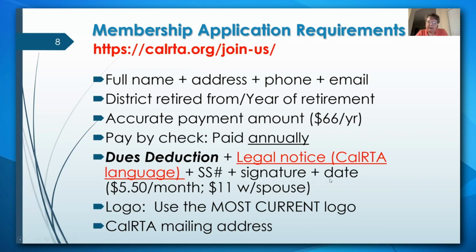Those need to be there if the person is joining with dues deduction, or as some divisions are doing right now, coming up with ways to entice people to switch from cash payment to dues deduction. They would still need to fill out the form as if they were applying brand new.